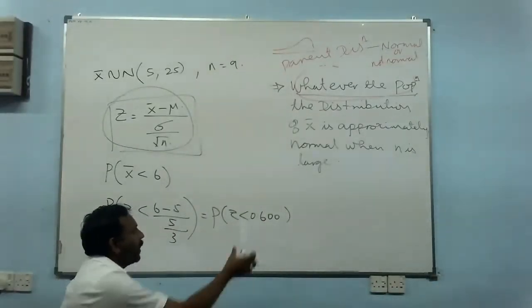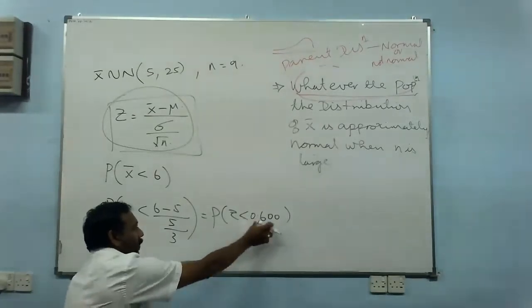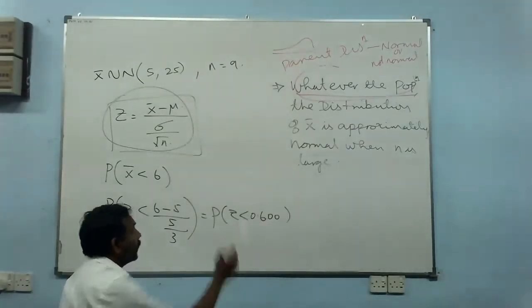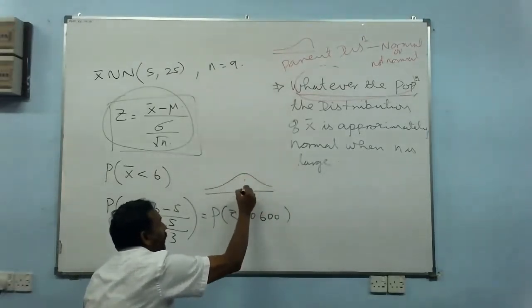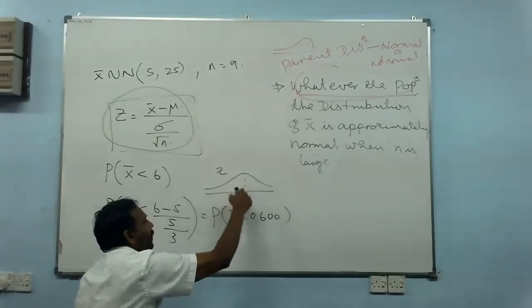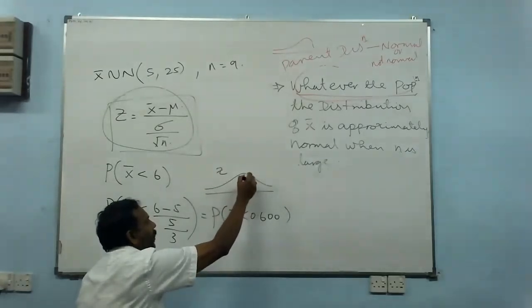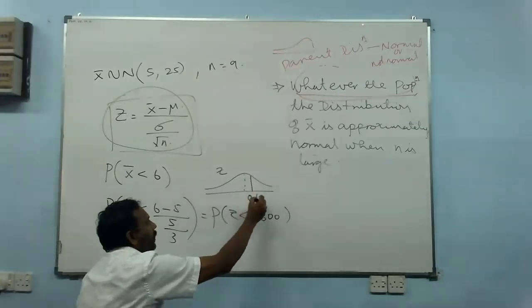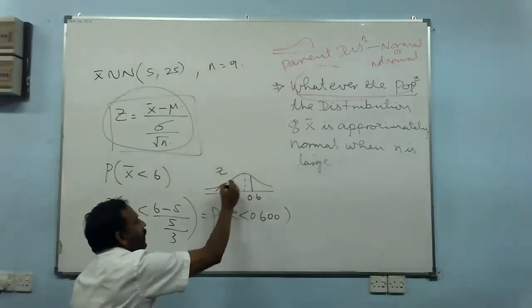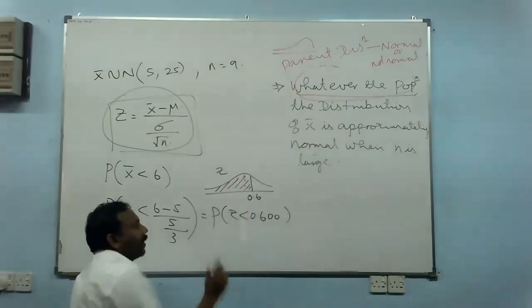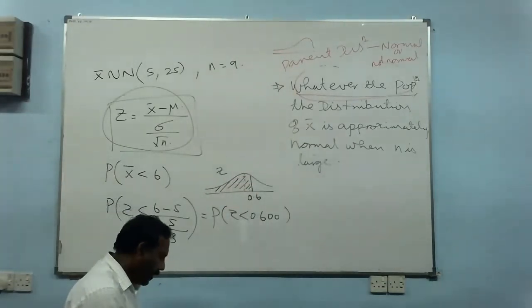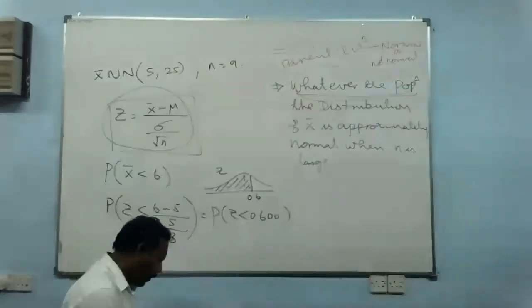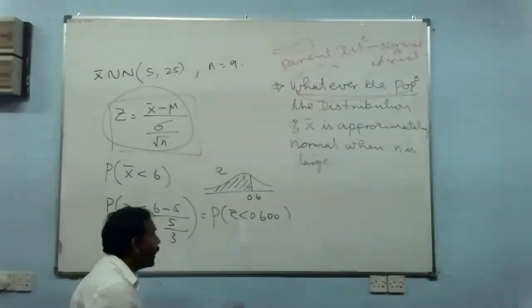Then look at this Z value. This is the Z distribution. This is 0. So I want to find out the area up to, let's say, 0.6. What is the answer? 0.7257.